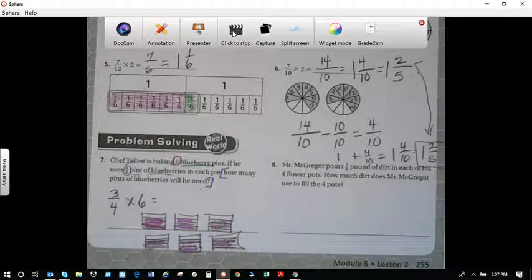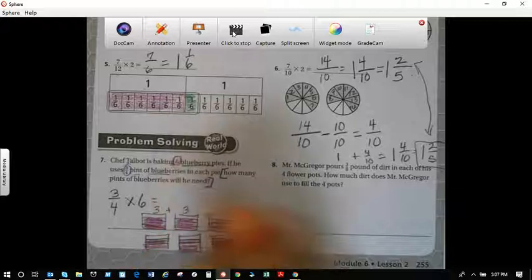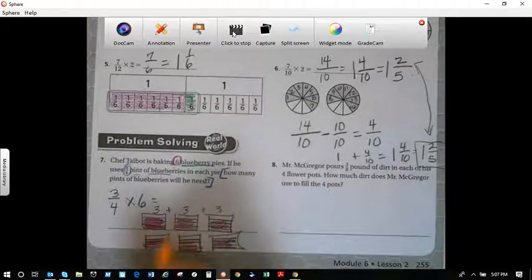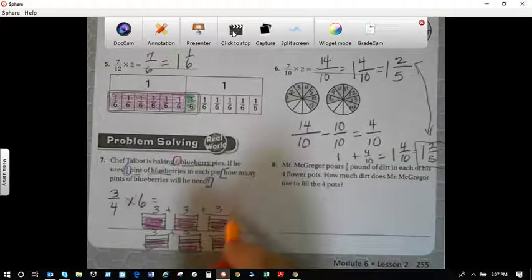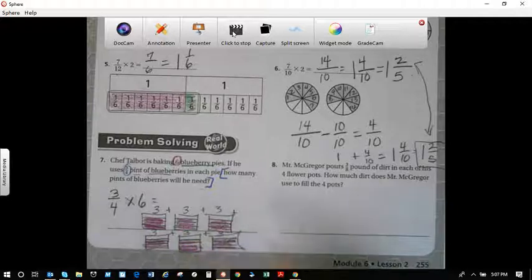So I'll label it. I have 3 that I shaded here, 3 more that he shaded here, 3 more, 3 more, 3 more that he shaded in this one, and 3 more. So now I have 1, 2, 3, 4, 5, 6. 6 times 3 equals what?